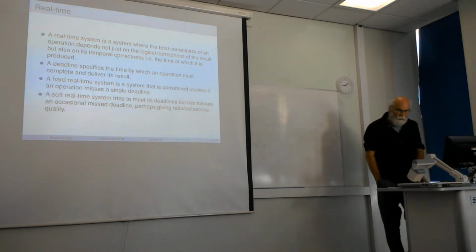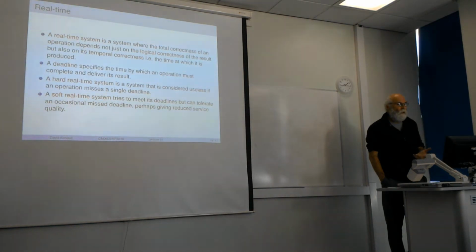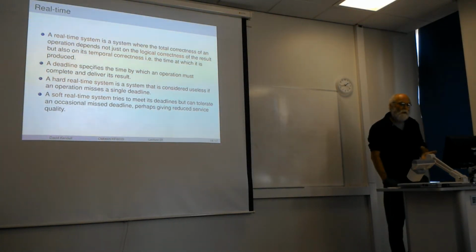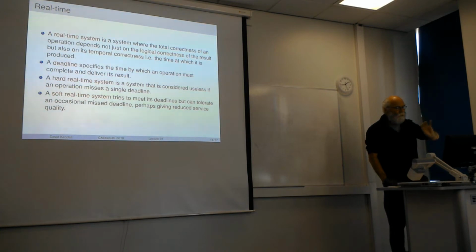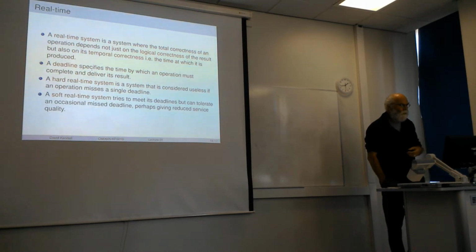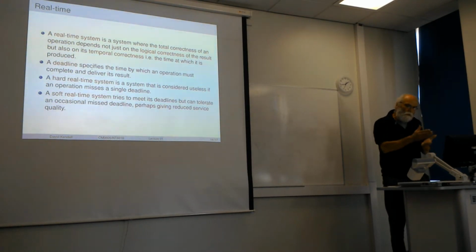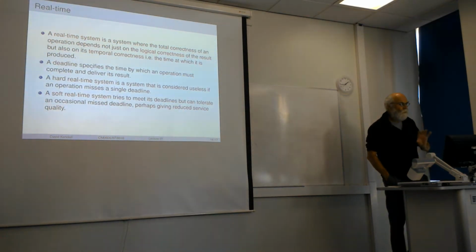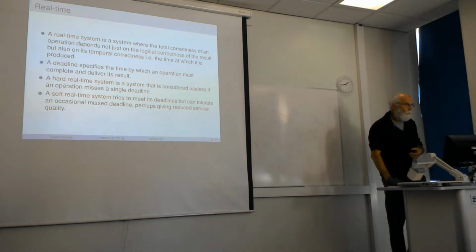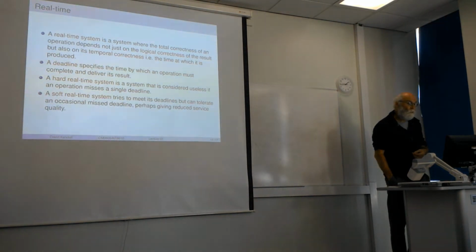Very often our correctness properties will be expressed in terms of a deadline. It might be an absolute deadline, so maybe our operation needs to complete by 10:53 on the 2nd of October, or it might be some relative deadline. Within 10 milliseconds of this event occurring, some other event must occur. So possibly an absolute deadline, possibly a relative deadline. That might be the way in which we specify our temporal correctness.